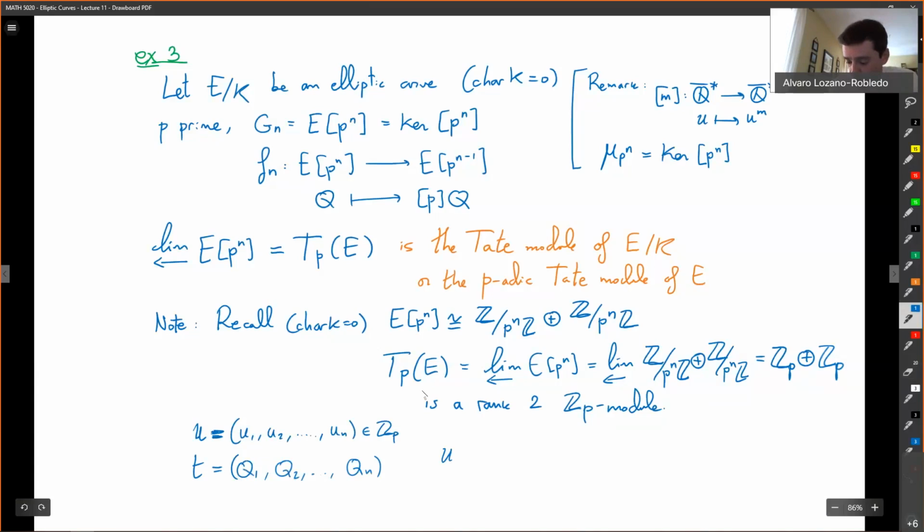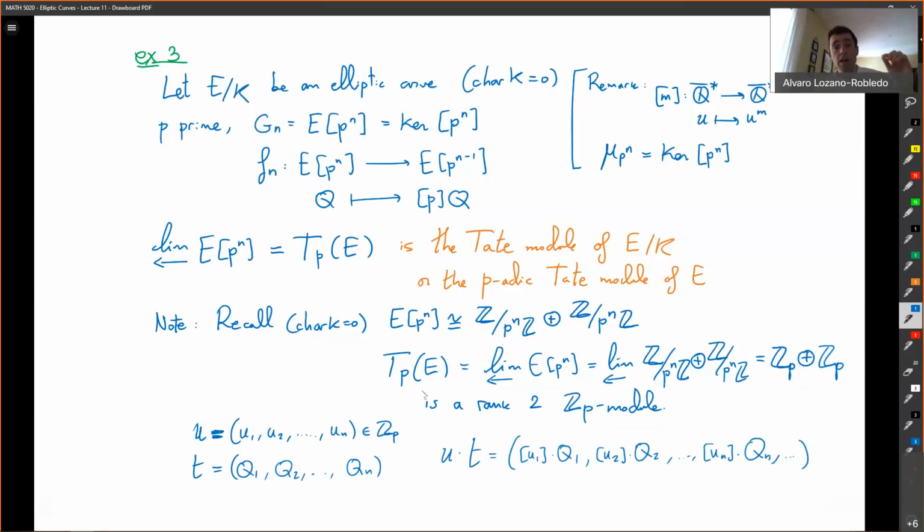Then u times T is just going to be u1 times Q1, u2 times Q2, un times Qn, etc. It's an infinite sequence. You can check that because p times Qn has to be the previous point.